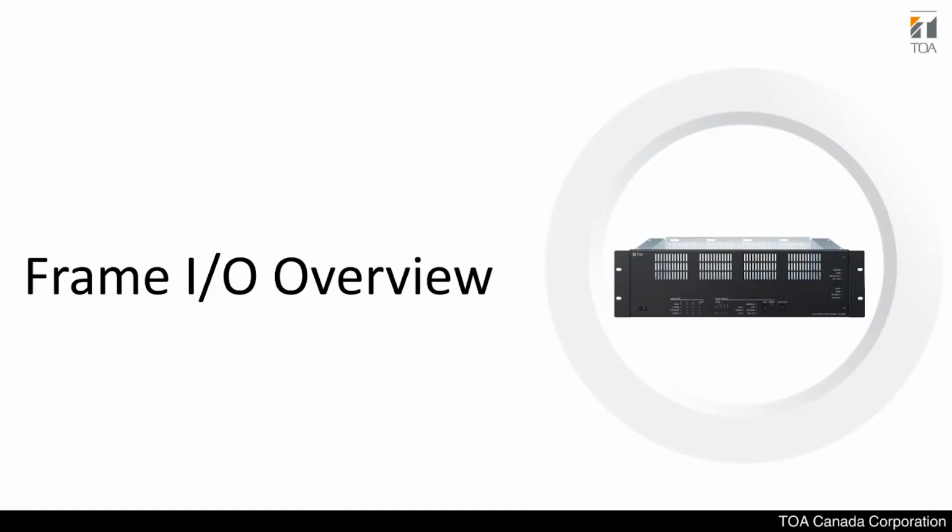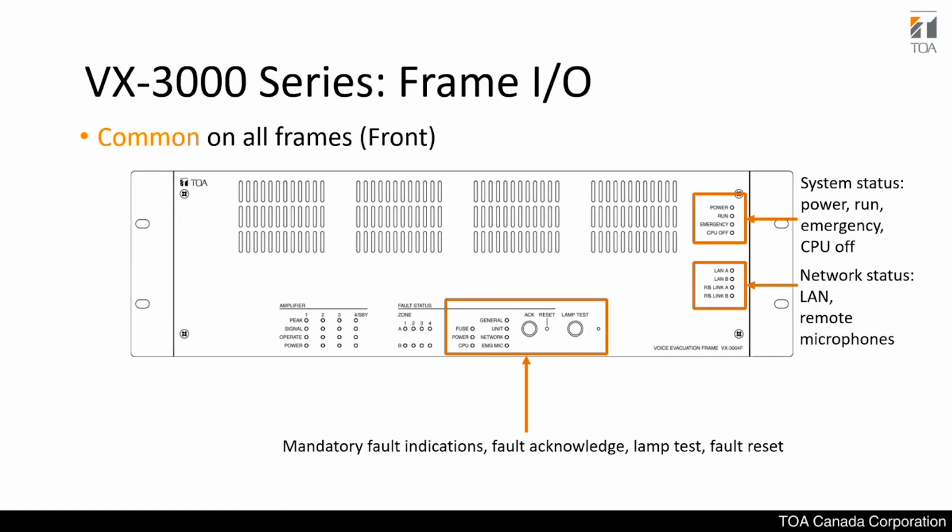Let's go over quickly the inputs and outputs of each individual frame. That way you get a better idea of what you're dealing with, because the frame is the core of the VX3000 series. Here is the front common to all the frames, either 4-channel, 8-channel, or 16-channel. On the top right-hand side, you'll see the power, run, and emergency status LEDs.